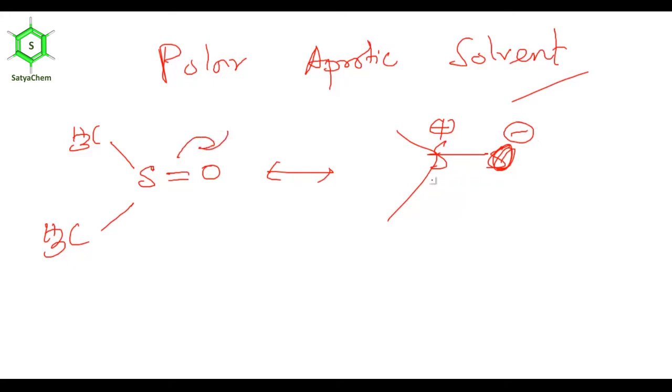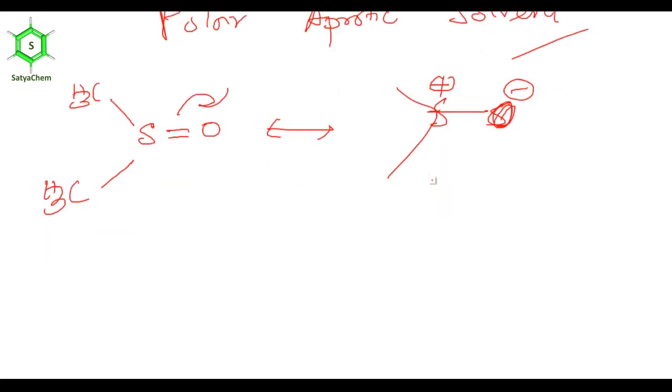Now in such solvents, the cation is strongly solvated in the following way. If you take KI, there will be K plus and I minus, where I minus is the nucleophile. If K plus is taken up by this solvent, then I minus will be free. Then the reactivity of I minus, the nucleophile, will increase.